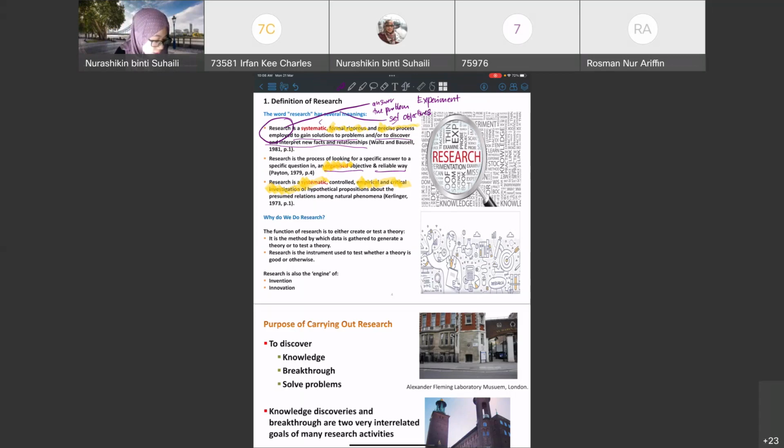Research is also the engine of invention and innovation. So how we get all this, for example, the internet, the computer, the mobile phones, is based on the research of people in that field. Kan? So that sort of things are innovation. Kan? Products yang created from the research. Okay. So vaccine is also an innovation. Antibiotics, apa lagi?